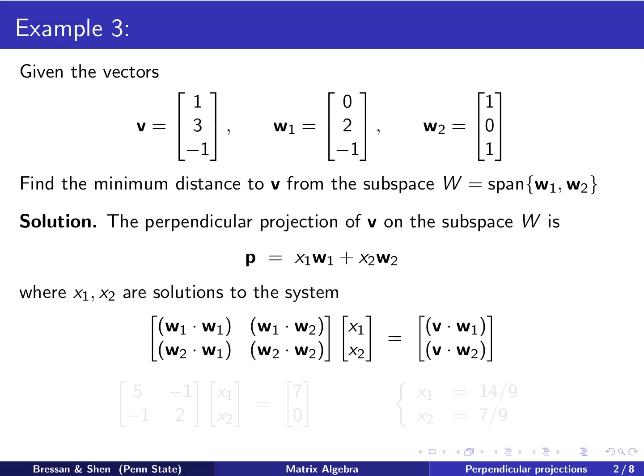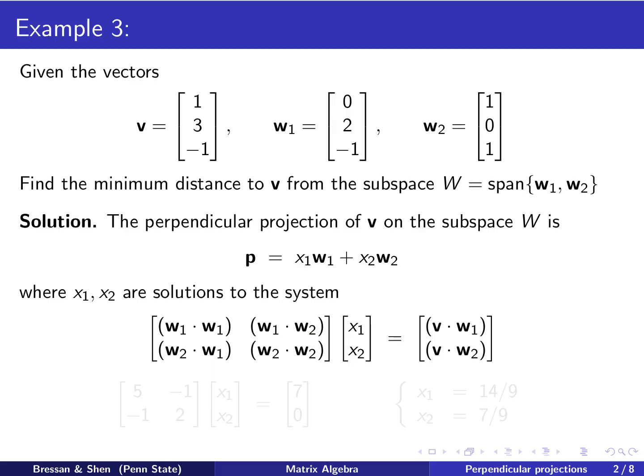Following the formula we derived in part 1, x1 and x2 are solutions to a linear system, Ax = B. In the A matrix, each element on the diagonal is just Wi dot Wi, so it's W1 dot W1, W2 dot W2, and then W2 dot W1 and W1 dot W2.